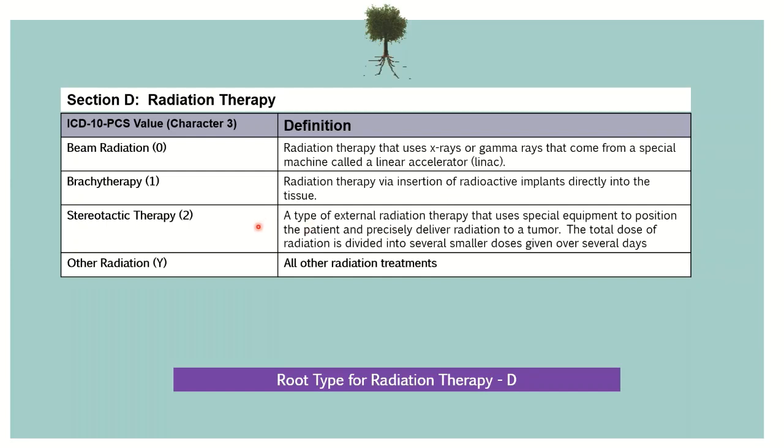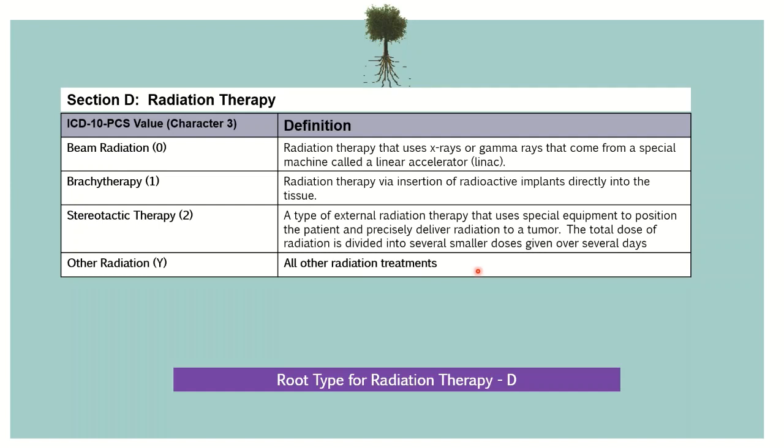And stereotactic therapy, this is a type of external radiation therapy that uses special equipment to position the patient and precisely deliver radiation to a tumor. The total dose of the radiation is divided into several smaller doses given over several days. And finally, other radiation. This is where all other radiation treatments will be found.